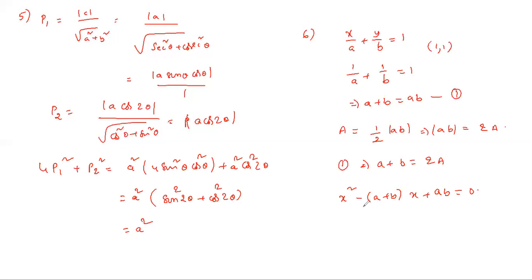Here x and y intercepts may be positive, we don't know. If all are positive, then we will get x square minus (a plus b), 2a x plus ab, 2a equals 0. Second option is the answer. This is the required quadratic equation with x intercept and y intercept as roots.